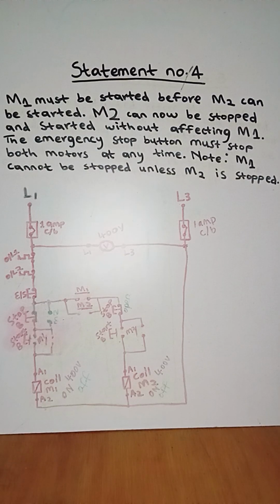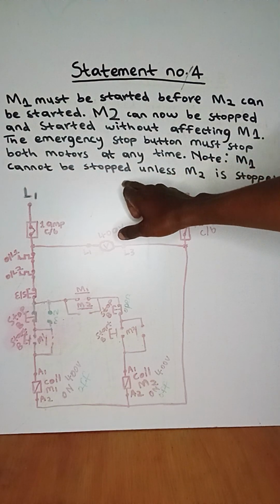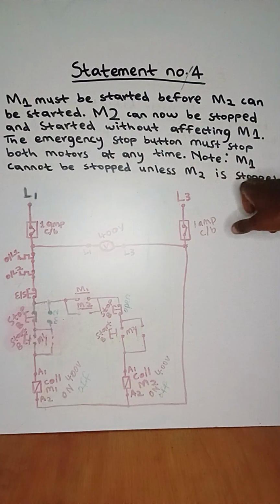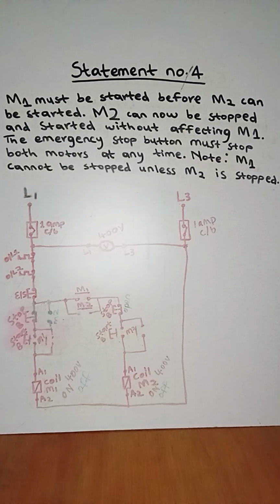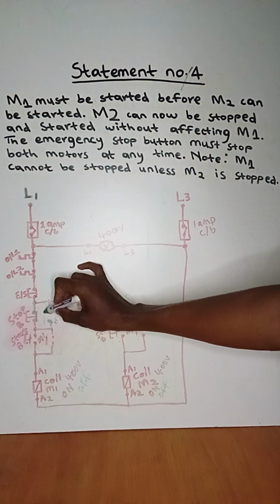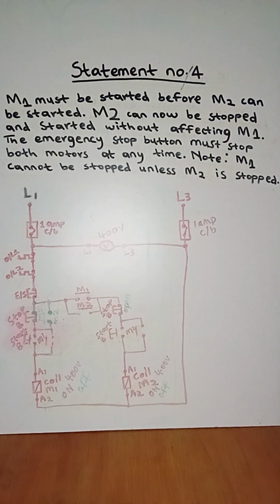So right now our statement is right, because motor 1 didn't stop first, but it has stopped after we have stopped motor 2. So there is our statement, and then we are done with statement number 4.